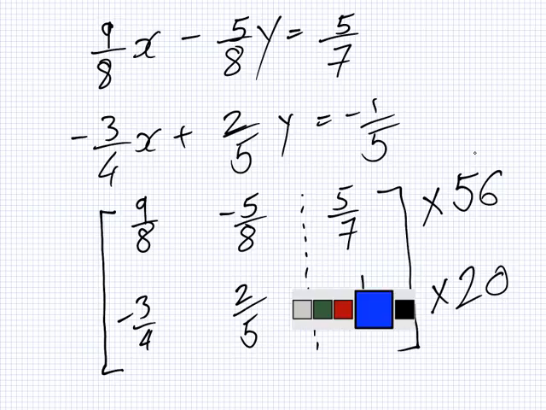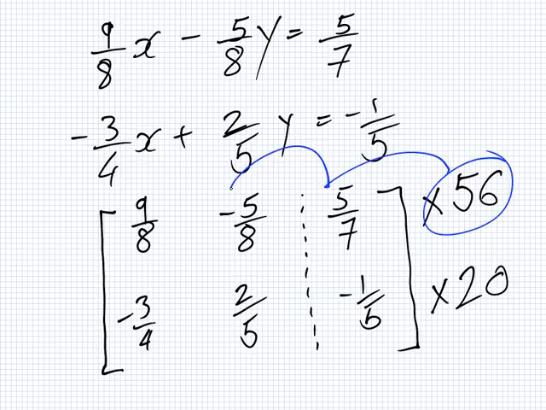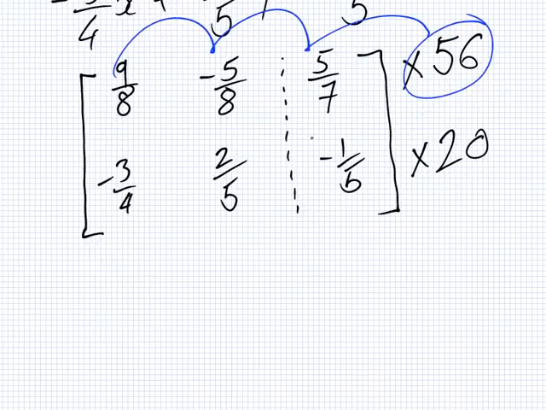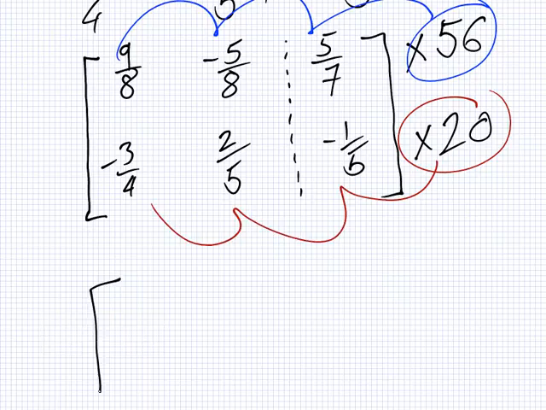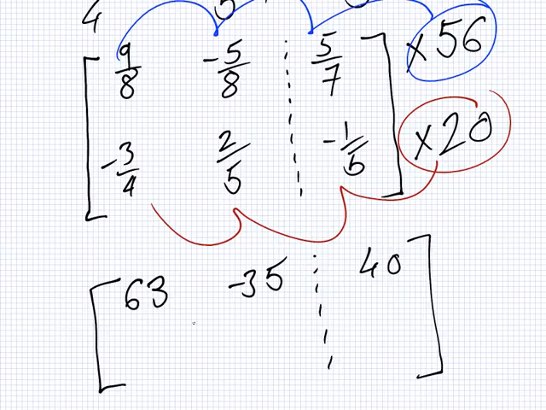So we'll take 56 and multiply it by the 3, and we'll take the 20 and multiply it by the 3 as well. So the top line: 63, minus 35, 40, and then minus 15, 8, minus 4, when you multiply.